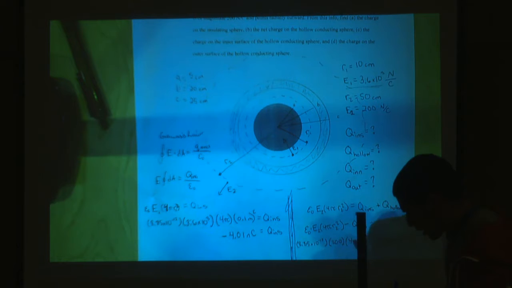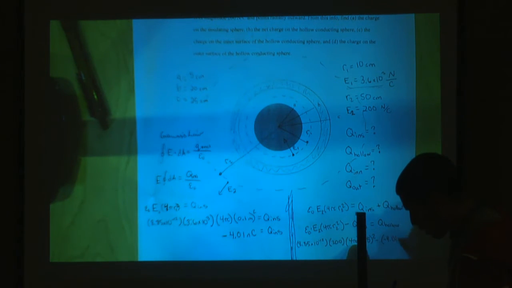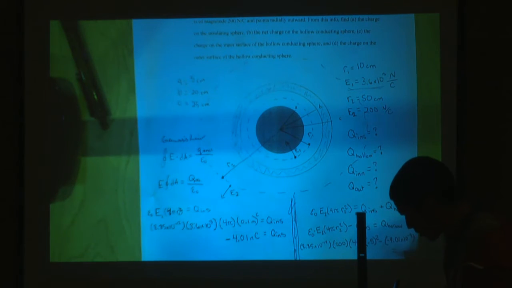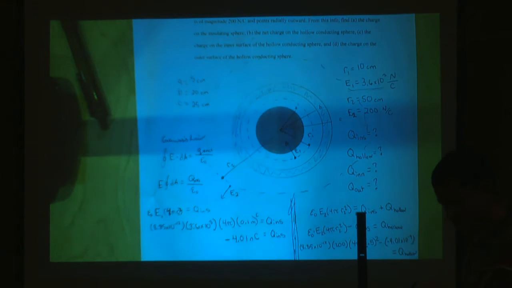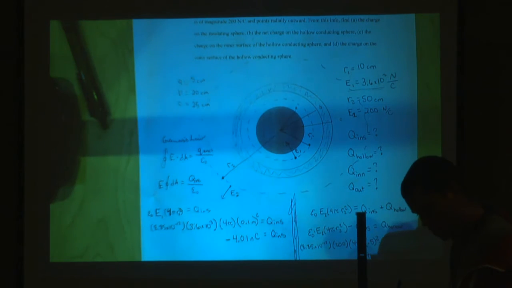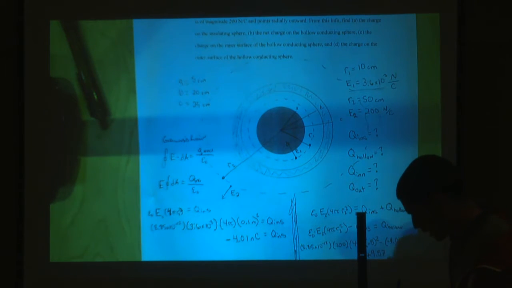Times 4 pi times R2 squared, which is 0.5 squared, minus a negative 4.01 times 10 to the negative 9 coulombs. Okay? Which equals our hollow charge. And if we were to simplify this out, we should get positive 9.57 nanocoulombs.